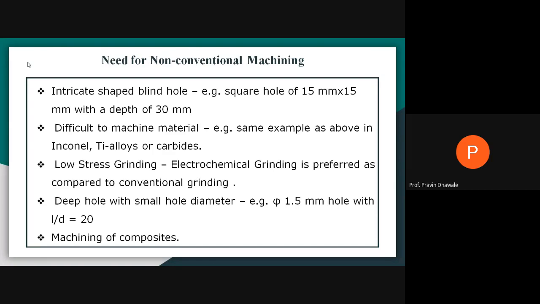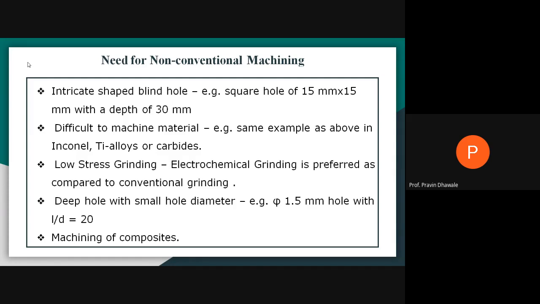Also, in the last lecture, we focused on the need for non-conventional machining. That is, complicated or intricate shape blind holes, spherical shape holes with a certain depth, cannot be drilled by using conventional machining. Such holes can be drilled by using non-conventional machining.